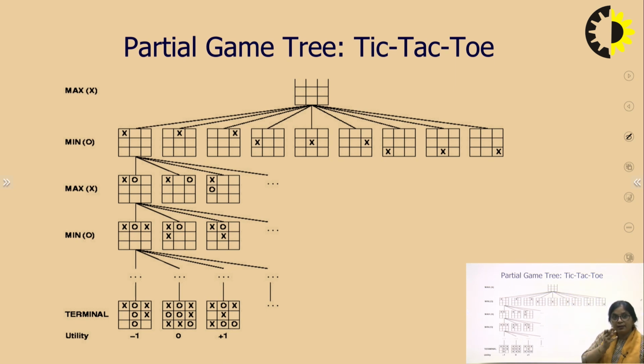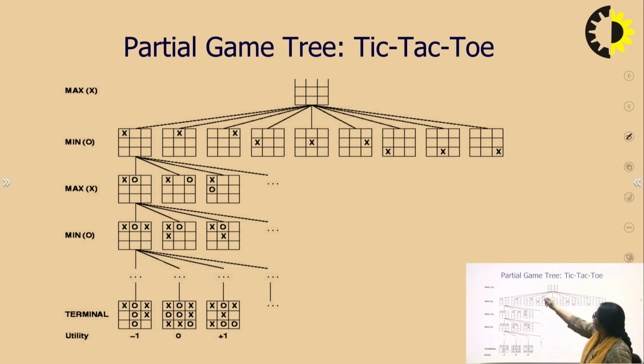So in the initial position, Max has all the cells free. Now we are going to make the tree. What possibilities are there for Max? Max has to put X, so it has 9 possibilities. It can be put in the first cell, in the second, third, or second row first, second row second. So 9 options are there.